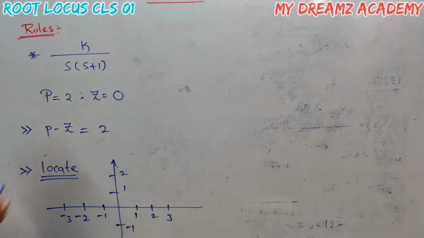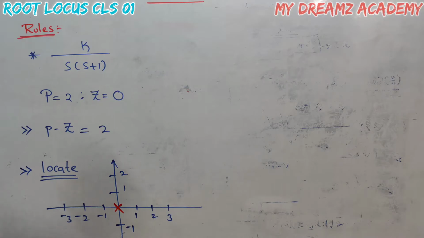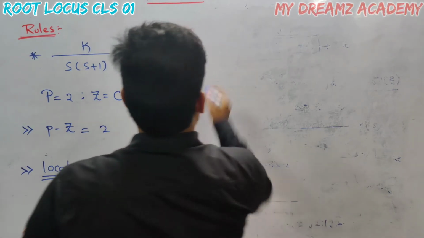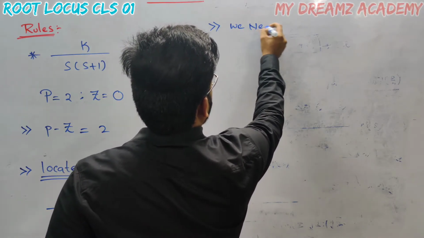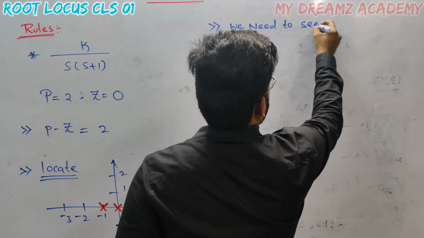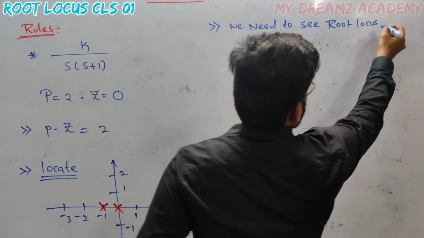So s equals 0, here we have one point, and s equals minus 1. We need to indicate the poles like this. Then we need to see the root locus path.